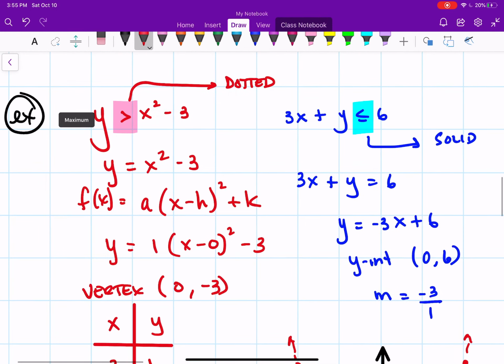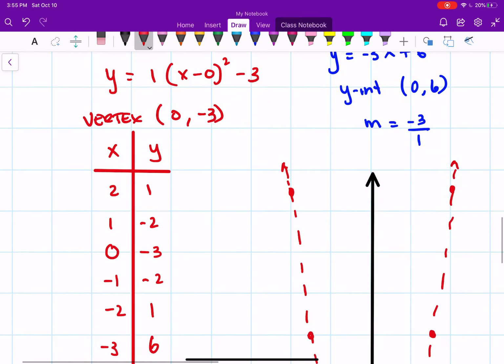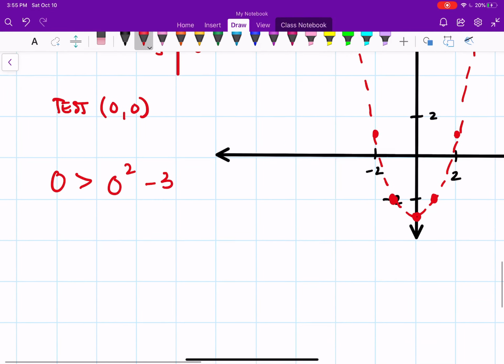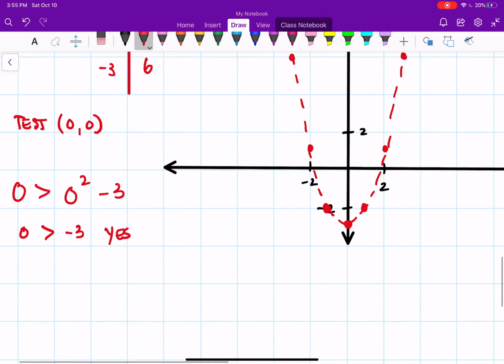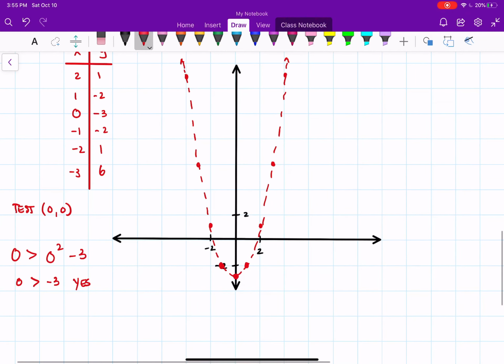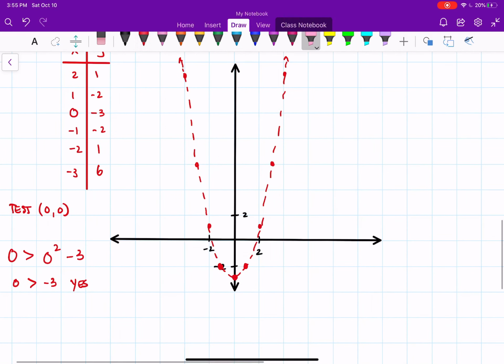We've got to use the original. Is this true? Is 0 greater than negative 3? And the answer is yes. So that means for my shading, it's actually going to look something like this. It's everything that goes with 0, 0.